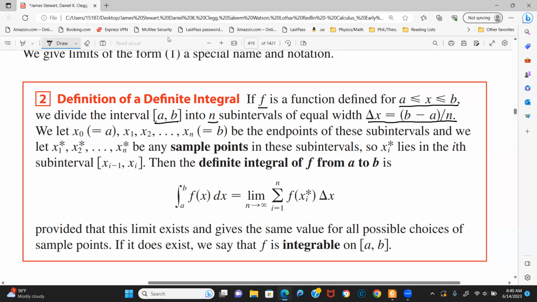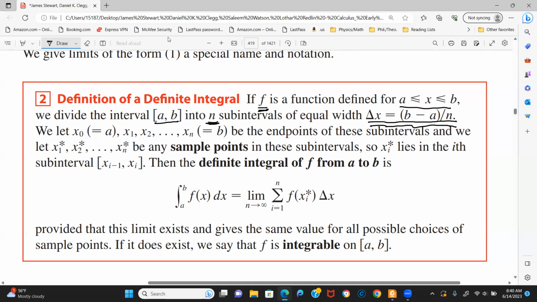In the previous section, though, we were assuming all of our functions were positive on the interval of interest. In this case, we're not necessarily assuming it. So we have these n subintervals of equal width, and if there are n of them, the only width they could have is forced upon you. You have the length of the interval, b minus a, divided by n. That's going to be their width.